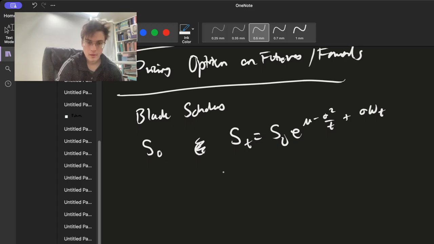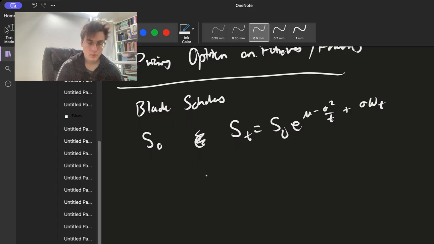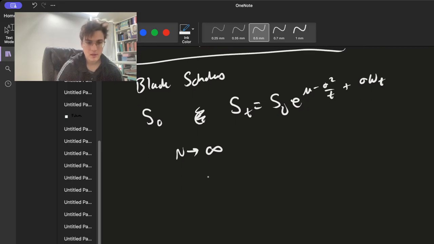You can see geometric Brownian motion as the binomial model with n going to infinity. That is one way to view it, and it might give you a formula for Black-Scholes. The other way was to solve the differential equation.